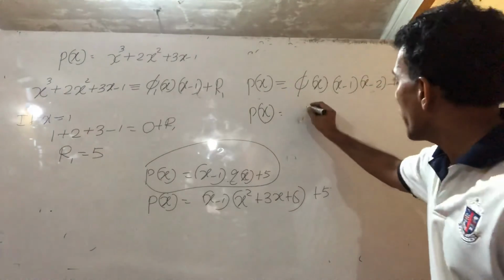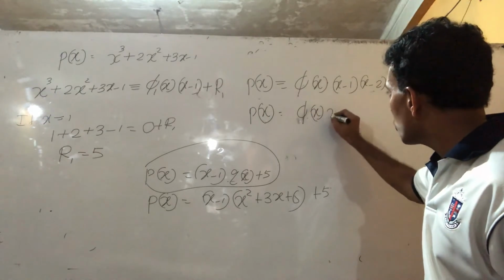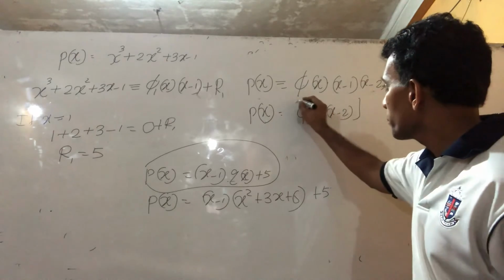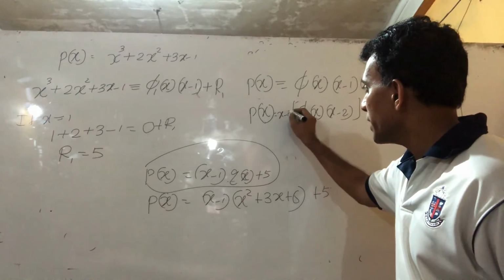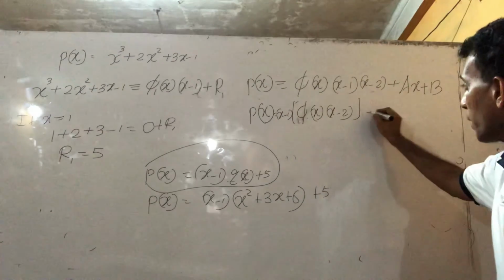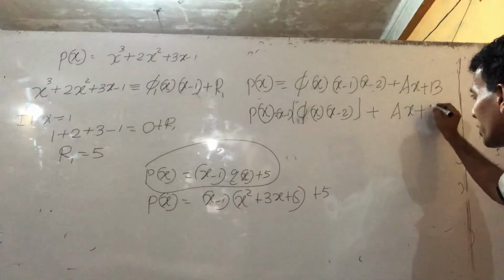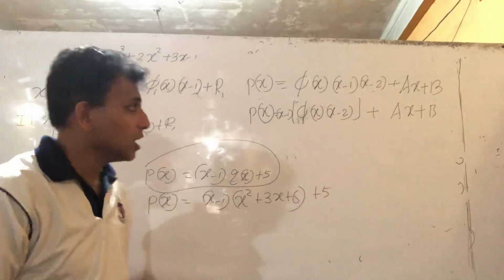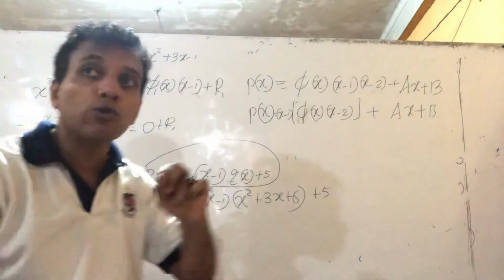So what is q(x)? The 5x into x minus 2. If I write the x minus 1 separately, plus the remainder. Here we won't work from first principles. You can do it, no problem. From first principles you can find the answer, but they expect using the previous method, called deduce.